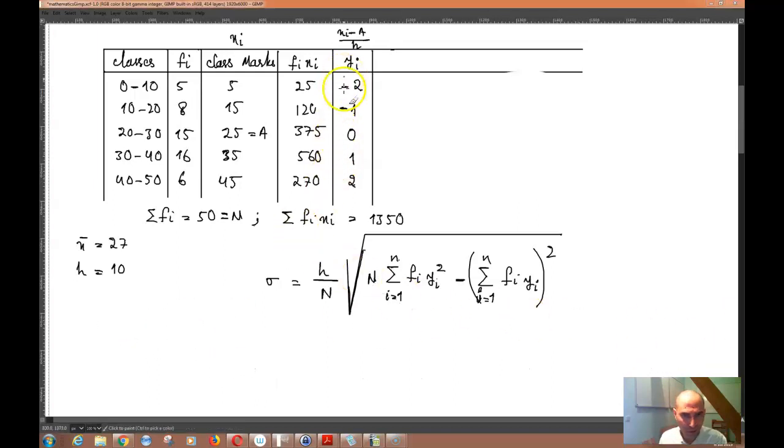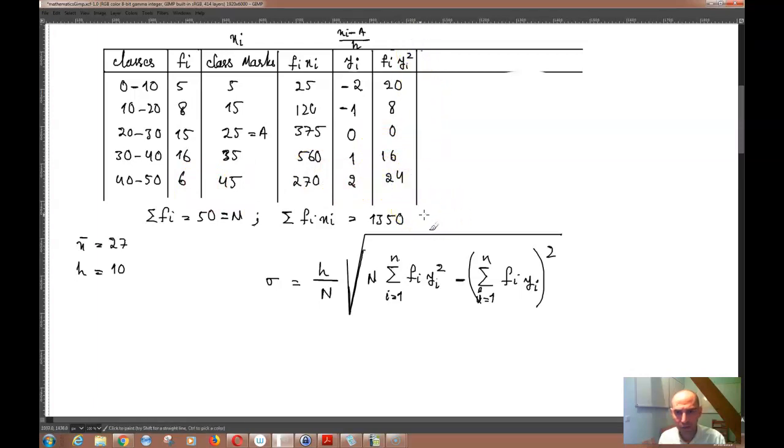Once you have your y(i), you want to calculate f(i) times y(i) squared. That is equal to y(i) squared times f(i). So 4 times 5 is equal to 20, 1 times 8 is equal to 8, 0, 1 times 16 is equal to 16, 4 times 6 is equal to 24.